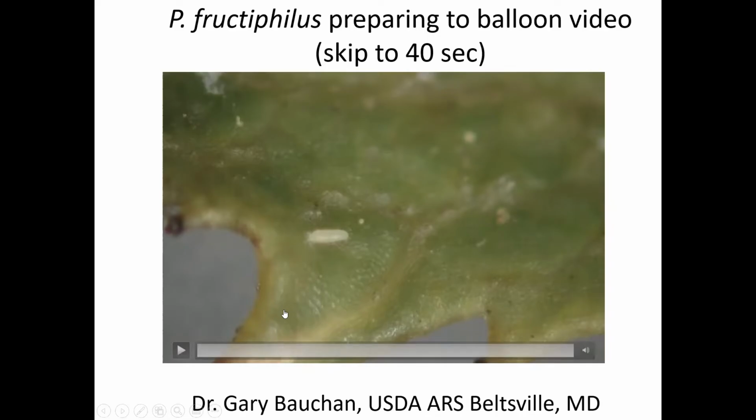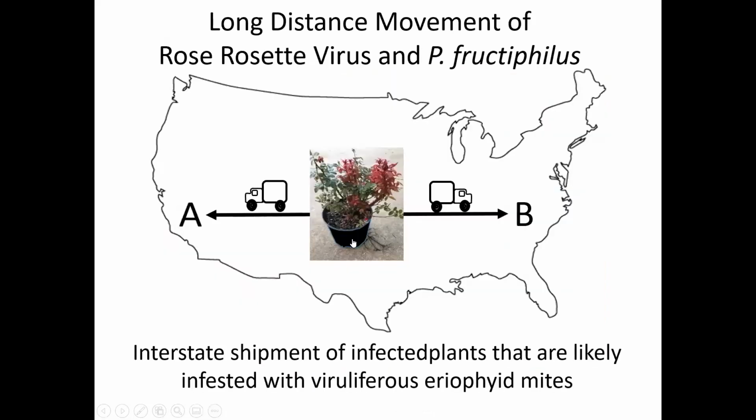Unfortunately, when they put those digestive enzymes into the cell, they can put virus particles into that cell as well. This is a non-lethal wound, and that's why they're such efficient vectors.